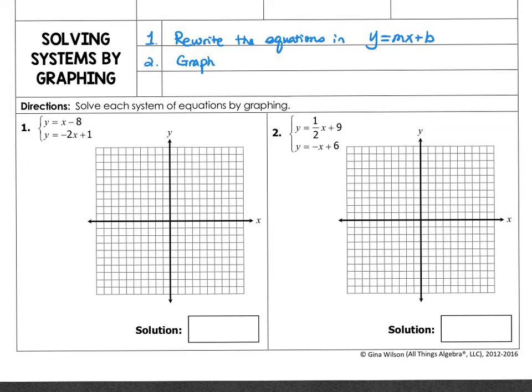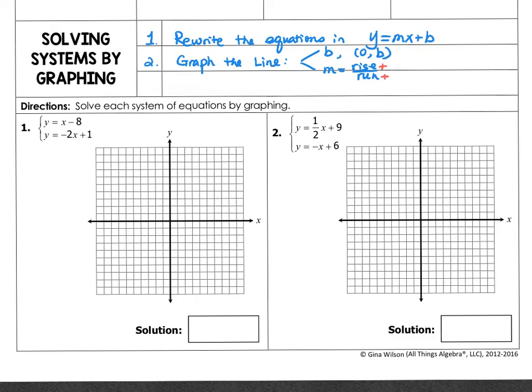Remember, how do we graph the line? We need to find b first, and then graph (0, b). Then we find m, which is rise over run. And as I stated in class very often, rise is always positive because nobody rises down. We always rise up.